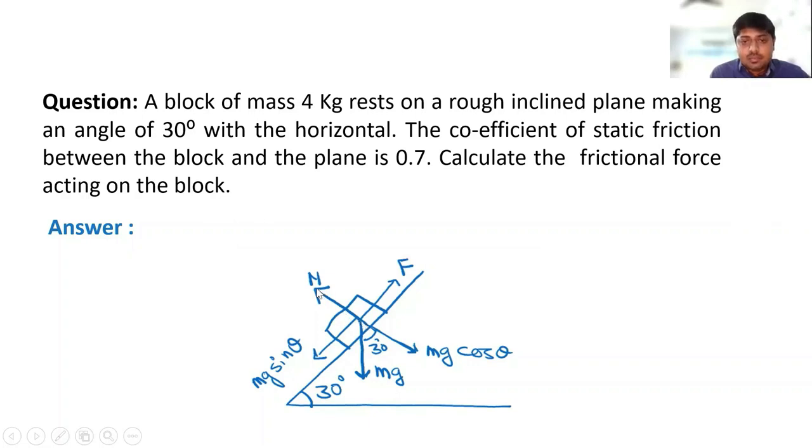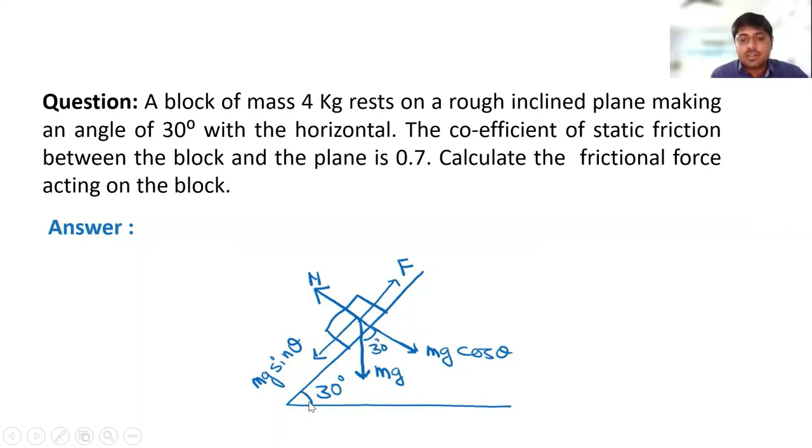And this will be the reaction force because it's resting on this surface, so it will be normal to this surface. And we can see that this force, we can split into two components. One is perpendicular to this surface on which the body is resting. That will be mg cos theta, because this angle will be equal to this angle.